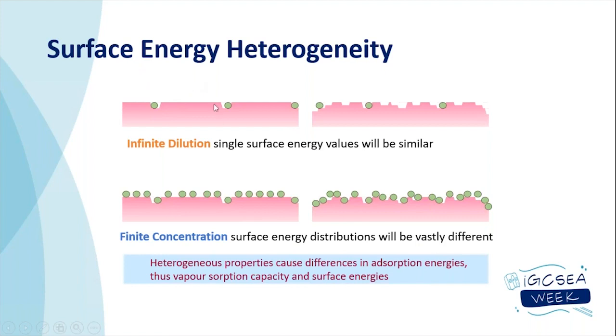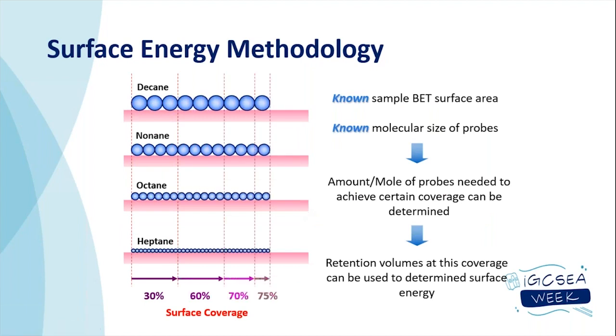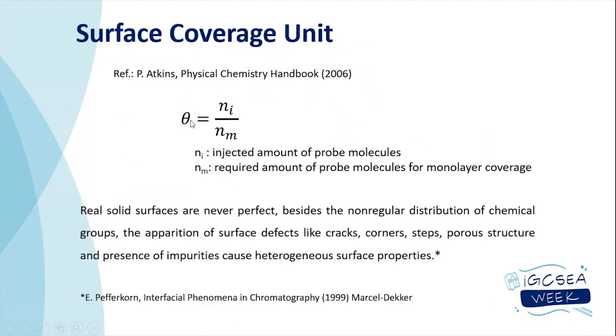But we can tailor this and structure the vapor to surface ratio to build up essentially a profile of surface energy as a function of surface coverage. And by surface coverage, we mean the number of moles that were injected divided by the number of moles that would be required to cover a monolayer of the surface.